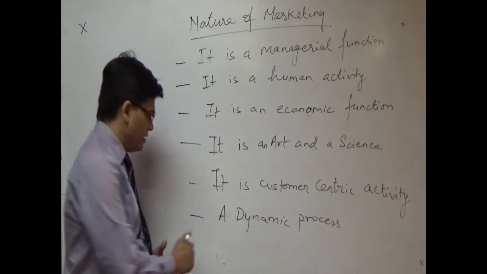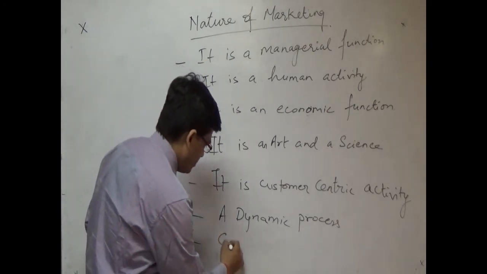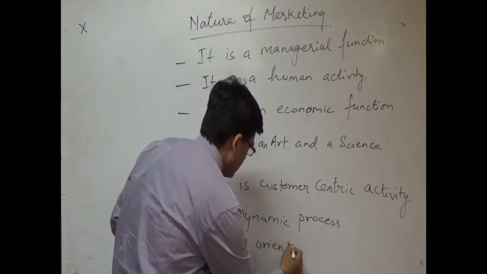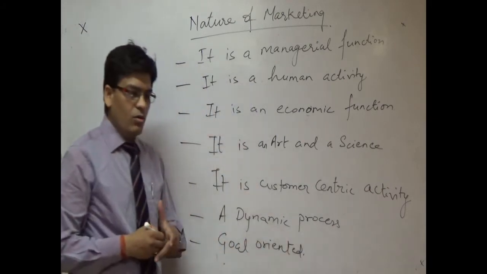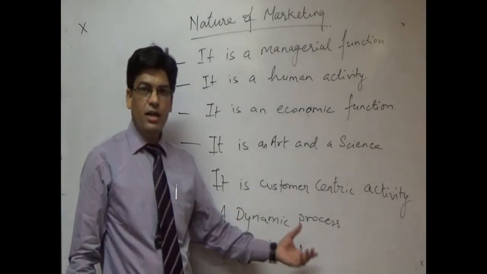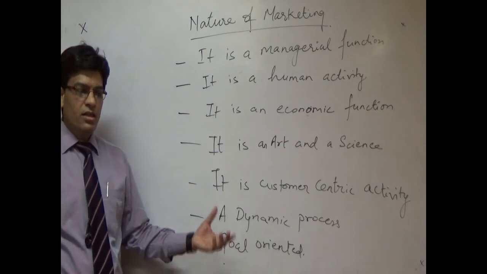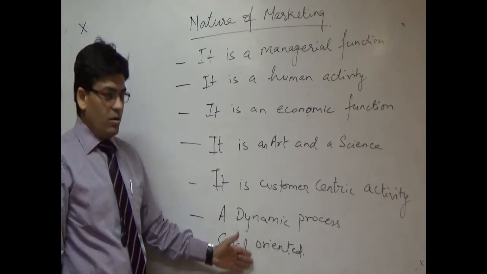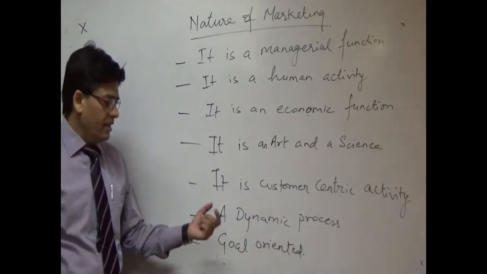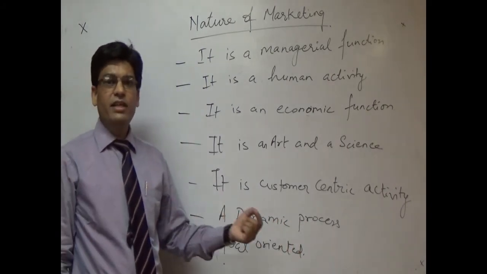And last, it is goal oriented. It is a goal oriented activity because there are certain targets, certain outcomes of marketing, and that is the satisfaction of need at profit.